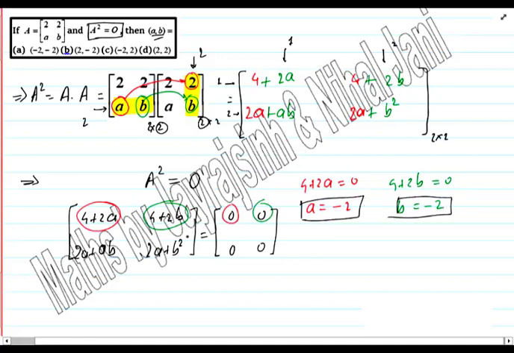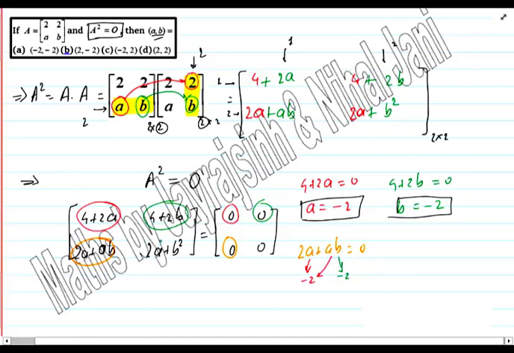No sir, we have to check the other elements. They must be satisfied by these values, right? So let's compare the third element. So here we will get 2a plus ab is equal to 0. Put the values of a and b, and you can say for the value of a as minus 2 and b as minus 2, it satisfies this condition, right?